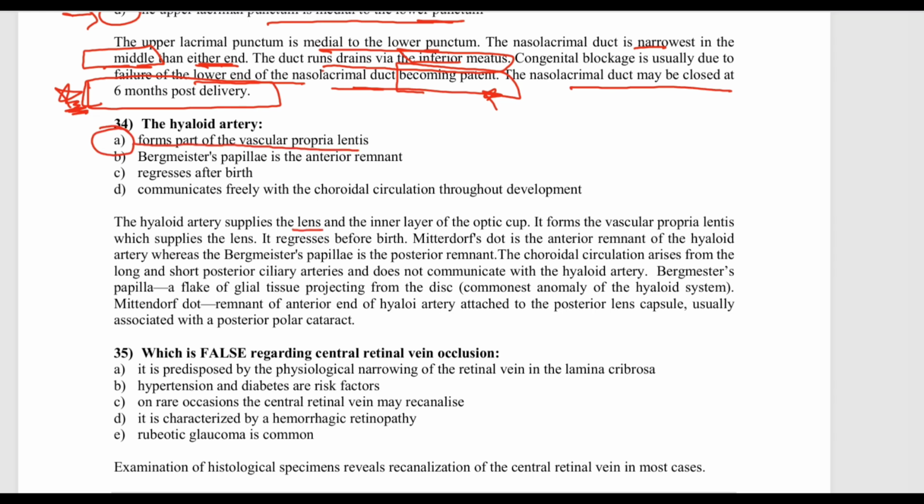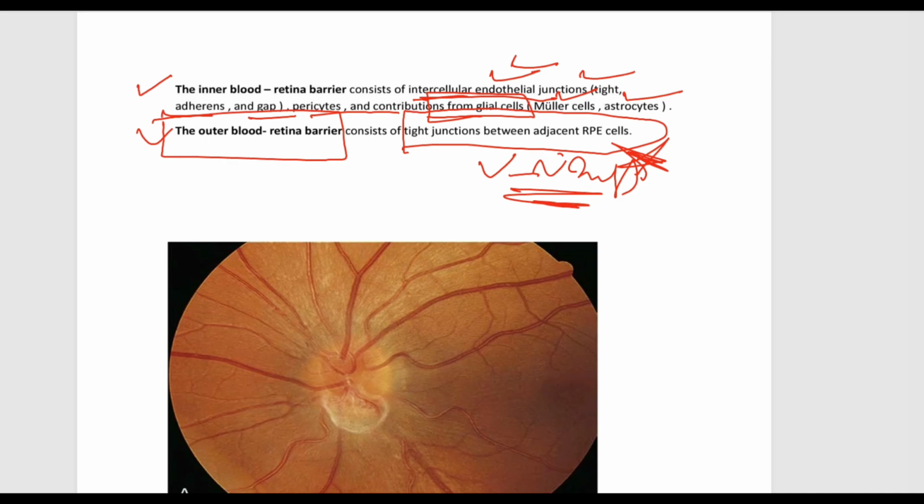The hyaloid artery supplies the lens and the inner layer of the optic cup. It forms the vasa propria lentis, which supplies the lens. It regresses before birth. Let me show you the hyaloid artery.